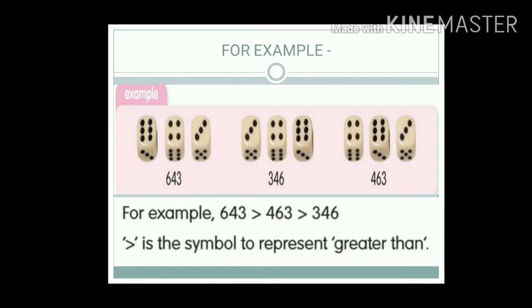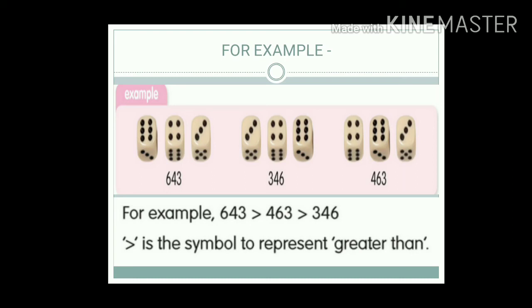Now again children, see the same numbers. How do we do that? Of course, we will begin with the greatest number. So what was the greatest number? The greatest number was 643, because it has got 6 hundreds. Now, can you see the symbol? It is the symbol to represent greater than. Earlier one was lesser than, this is greater than. Don't get confused, children.